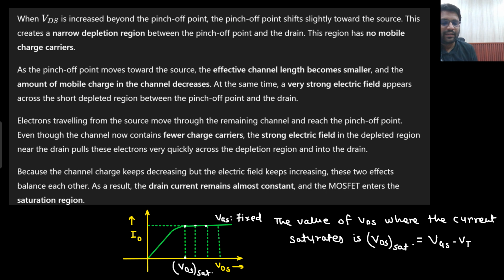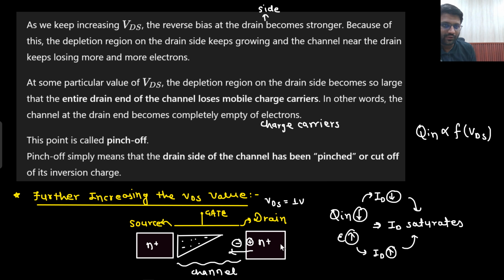But now you can see that as you apply the VDS, the inversion charge is getting lesser from the drain end. Sir, I apply VDS equals to 100 volt. What will be the inversion charge at the source end? Sir, it will be the same, whether VDS equals 0 volt or 100 volt.